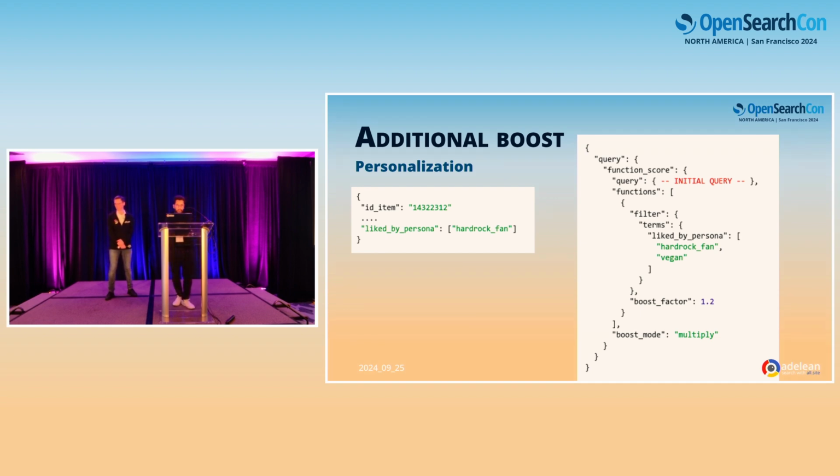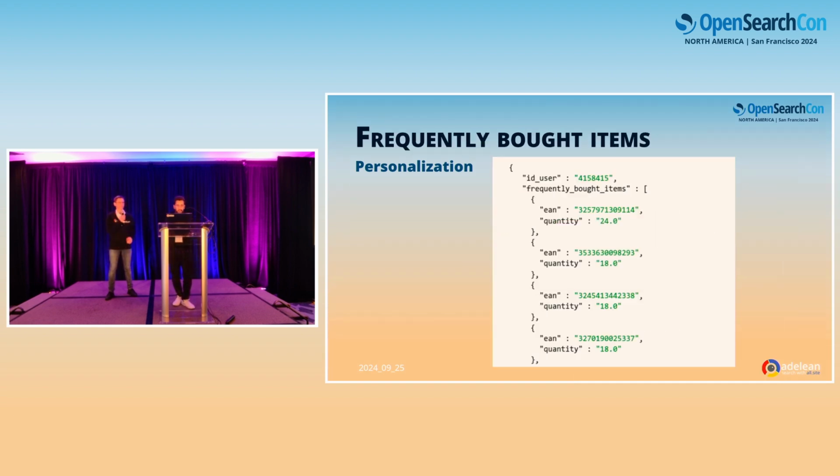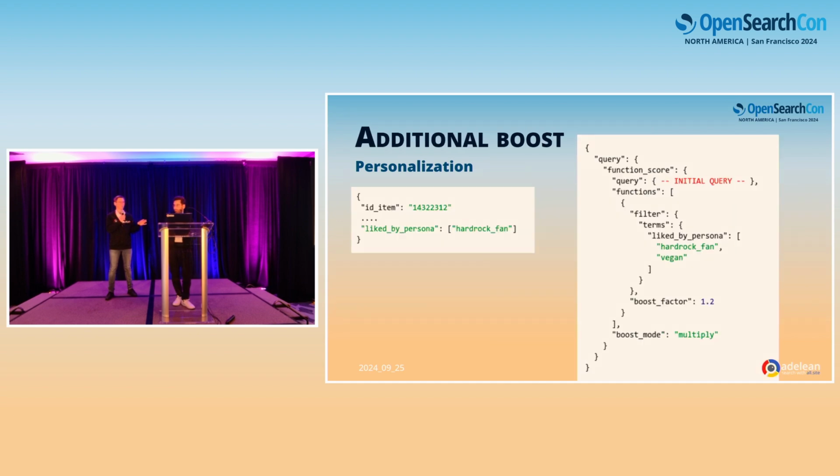So we can also use a function score for this. You actually use a clusterization, so you place the products in clusters, and then you just enrich the user query with the user profile. So the user profile is also clusterized, so the user is tagged with clusters that they might be close to.